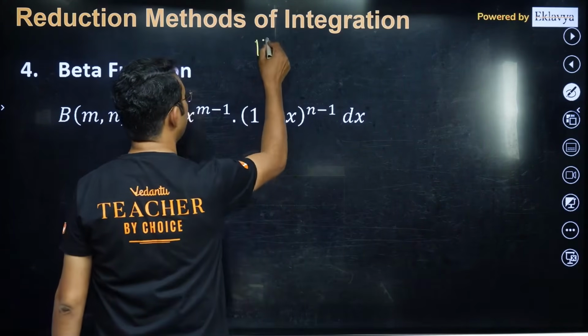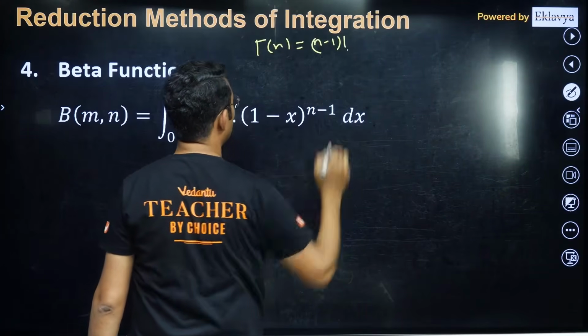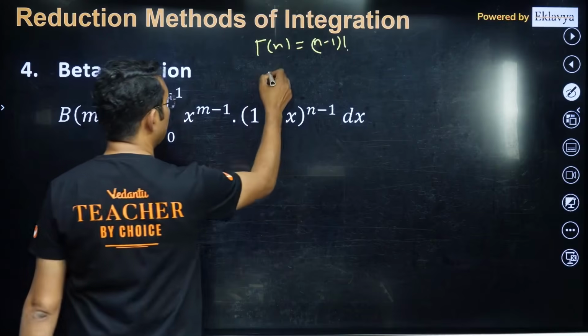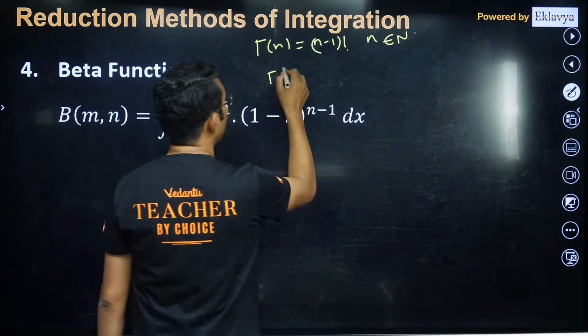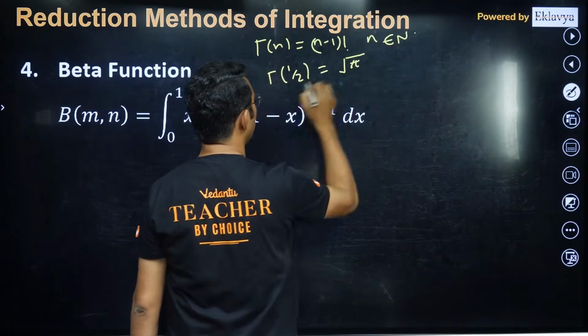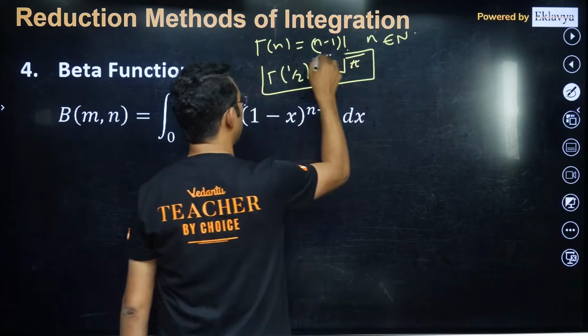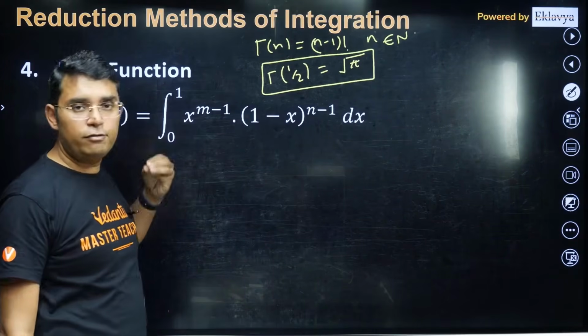So let me write gamma n here was n minus 1 factorial, if n is natural number, and one more thing I would like to write here. Gamma half value is also under root pi. You can remember this directly without proof, because in some questions you may have to use gamma half value also.